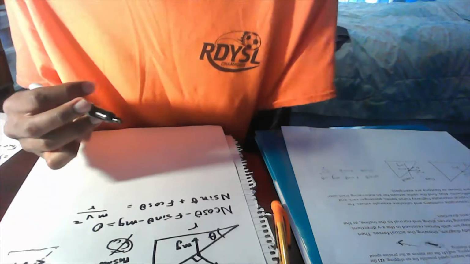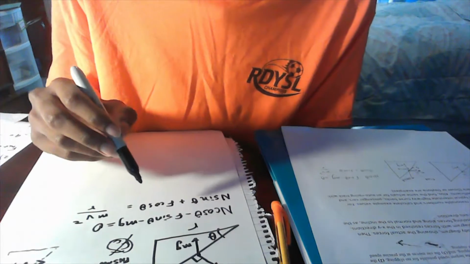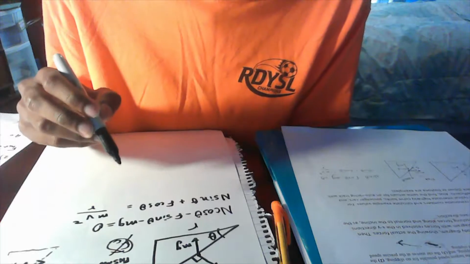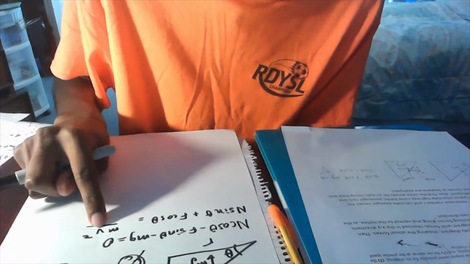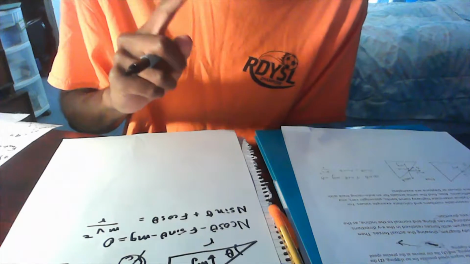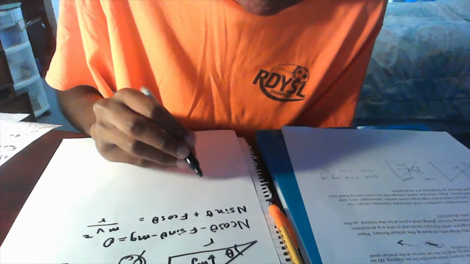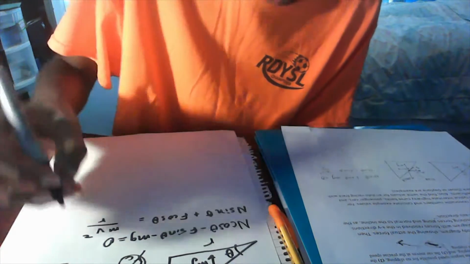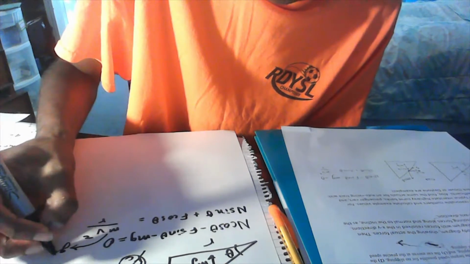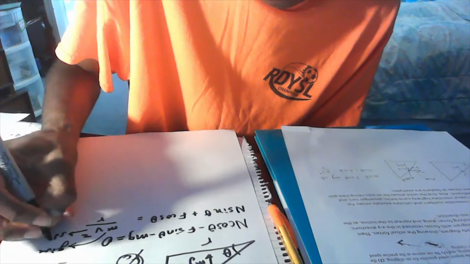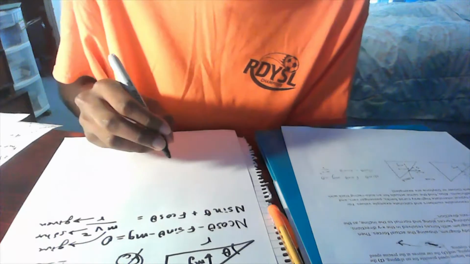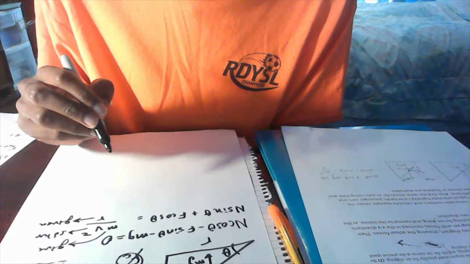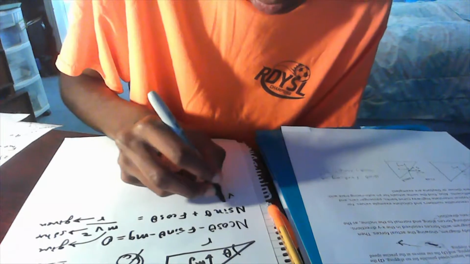The first question is asking us, the car moves at the largest speed possible for no slipping, and we would solve for v squared in this. We'd be given the m, usually given the angles, and we would solve for v squared.